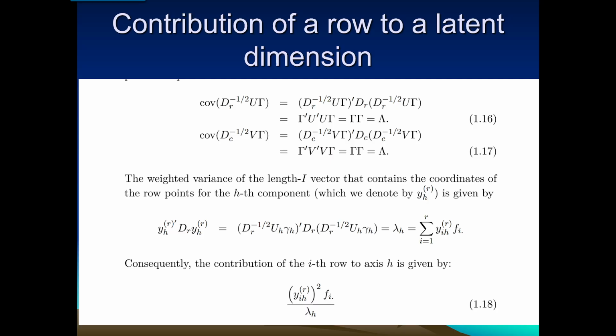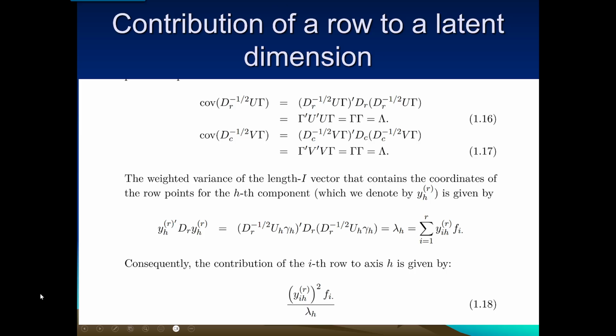So the variance of the h-th component is given by the corresponding eigenvalue, squared singular value. Therefore, the contribution of the ith row to the h-axis is given by this.